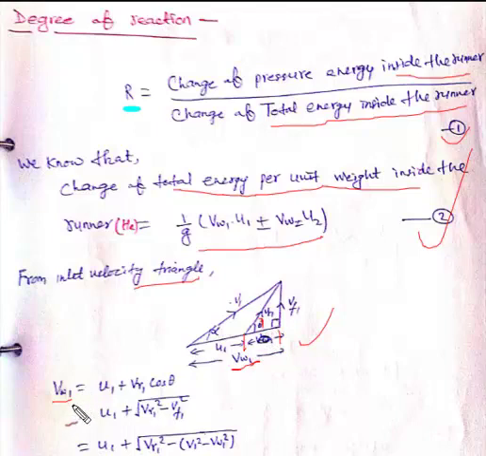So we get Vw1 is equal to U1 plus Vr1 cos theta. Now from this small triangle we get Vr1 cos theta is equal to under root Vr1 square minus Vf1 square. So here we get U1 plus under root Vr1 square minus Vf1 square.